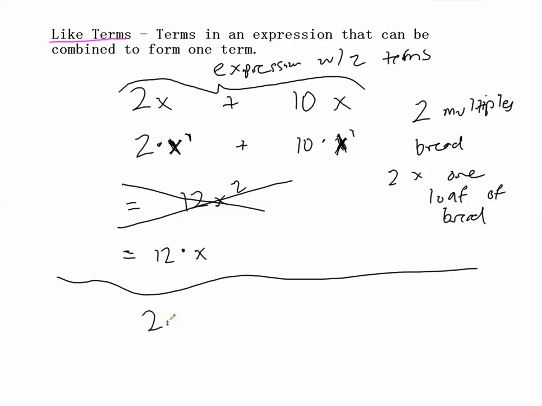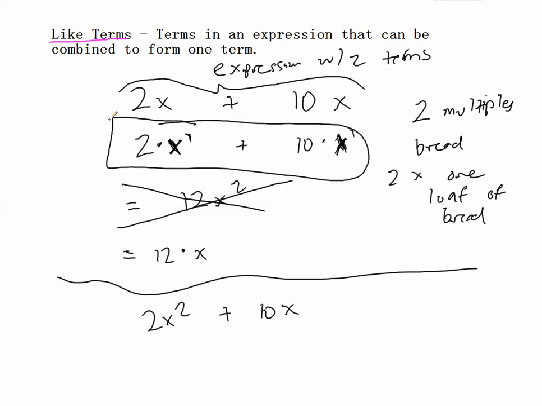So how would this change? Let's say we had 2x squared plus 10x. Over here, by the way, these are called like terms since they can be combined to form one. Alternatively, here I have 2 copies of x squared, and over here I have 10 copies of just x. These are different.